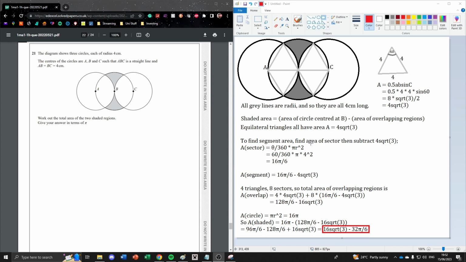To find the segment area, we need to find the area of a sector, that is, one of these wedges, including the triangle, and then subtract the area of the triangle, which is, of course, 4 square root 3. The area of a sector is the angle of that sector, so how wide that slice is, divided by 360, so the fraction of the whole circle, times the standard circle area formula, pi r squared.